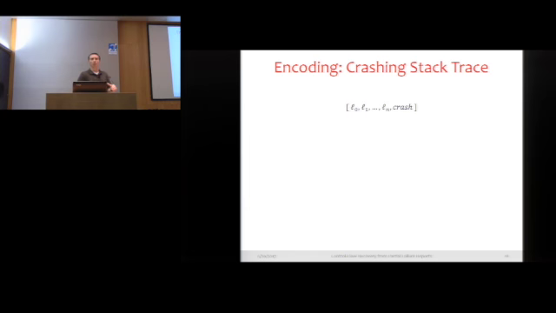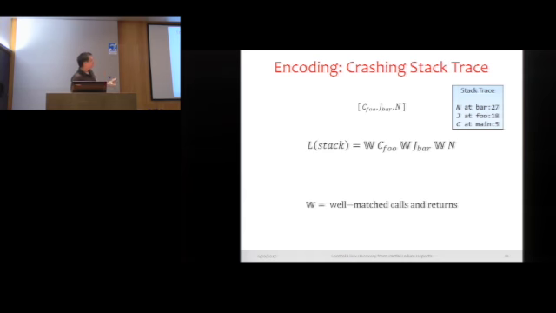Next, I want to talk about encoding crashing stack trace context. Now, a general crash stack is a sequence of function call labels followed by a crash point. So for the stack trace from our example, here's the thing that we want to encode. This sequence, and we want to encode it as a series of well-matched sequences of calls and returns separated by the calls that we expect to be left on the failing stack.